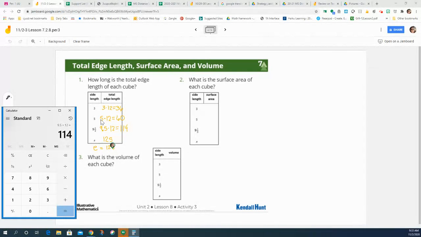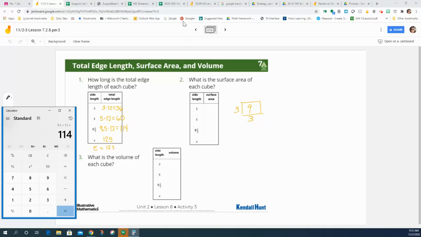Okay, so now let's talk about the surface area. This is going back to, I think, last year. Surface area of the 3 cube, think about it like this: 3 times 3 means there's an area of 9 per surface.